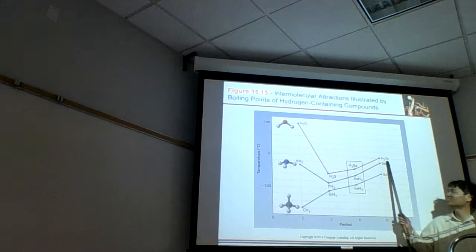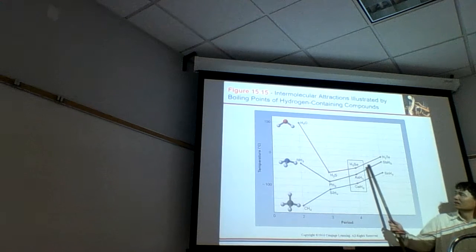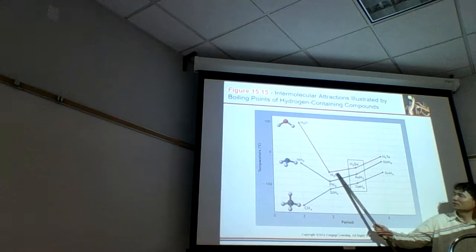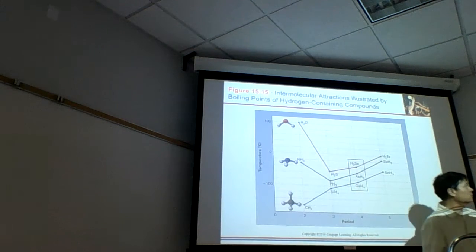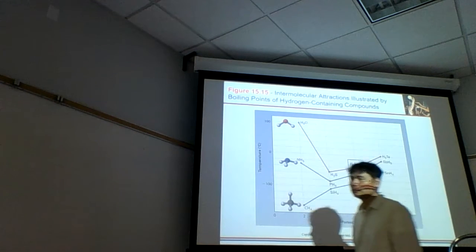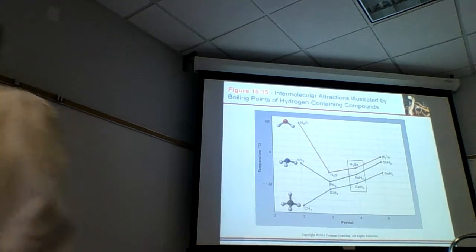So for example, tellurium, H2Te, versus selenium versus sulfur. Which one's more electronegative? We look at the periodic table.